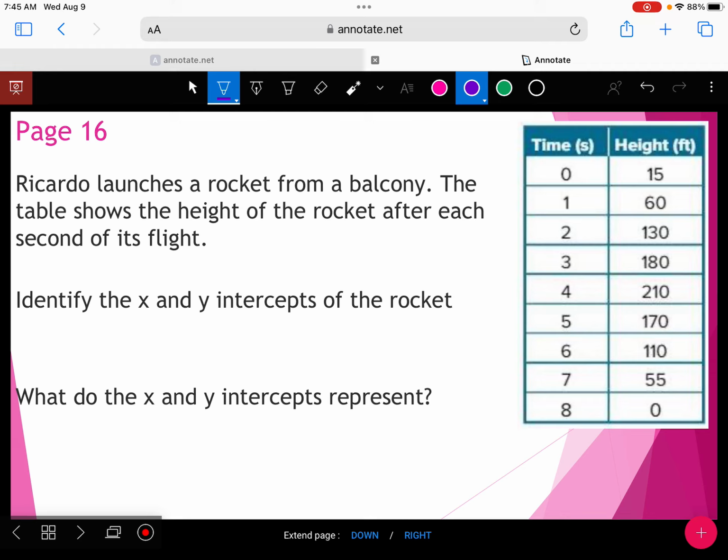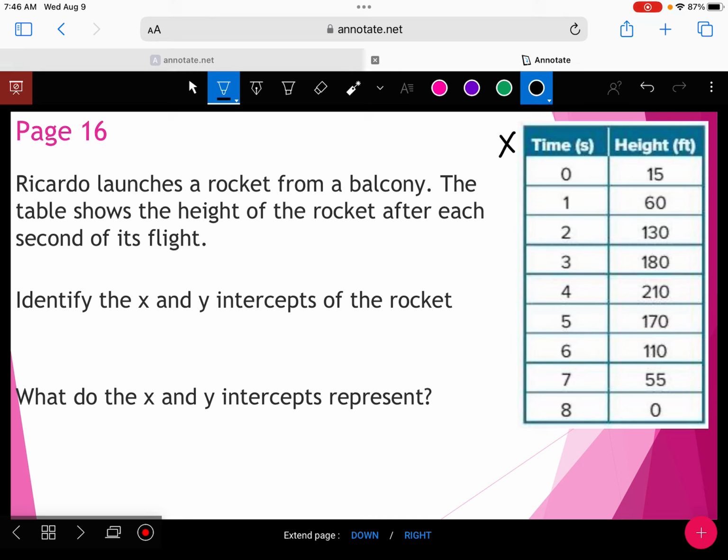So what we need to be able to do is look at this table and find our x and y intercepts. Important thing to know on tables, your time is always going to be your x. So time is x because I can look at different times and I can change the number of times.